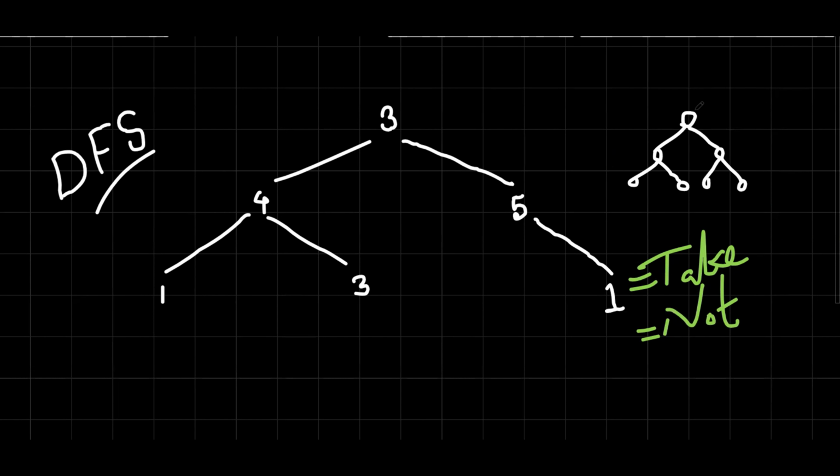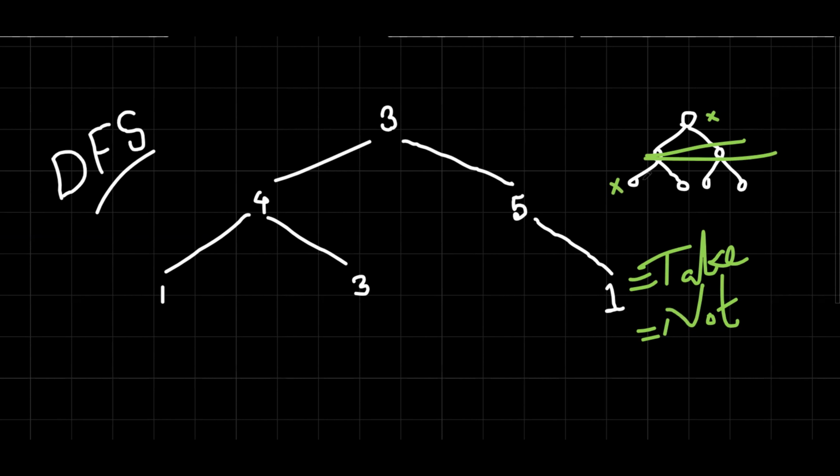Here, if I take the first node, which is this, then I cannot take its immediate children because they are adjacent. And again, I can take the next level of nodes. This is one possible solution. Again, in another solution, I do not take the first node, I take these nodes, and I cannot take the next level of nodes.